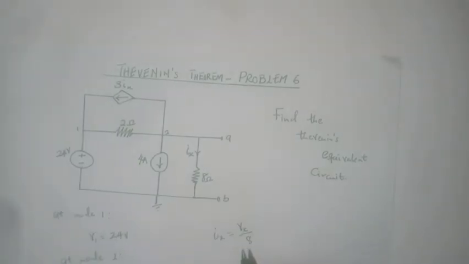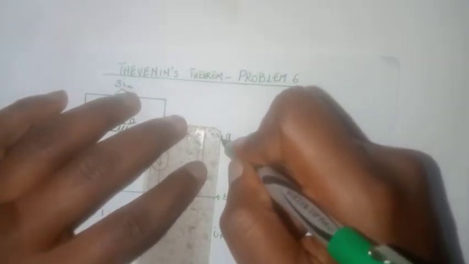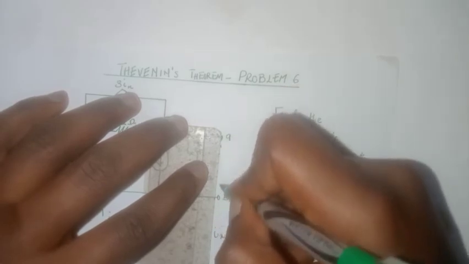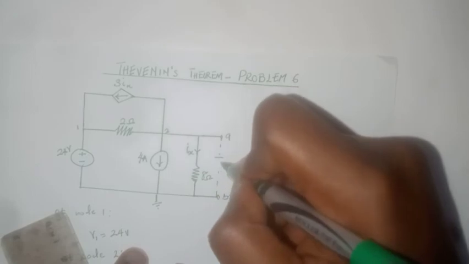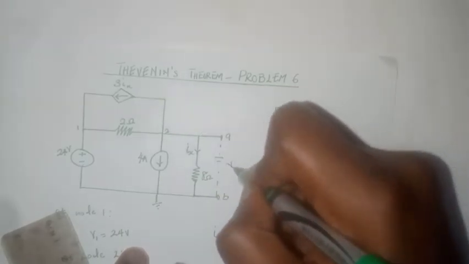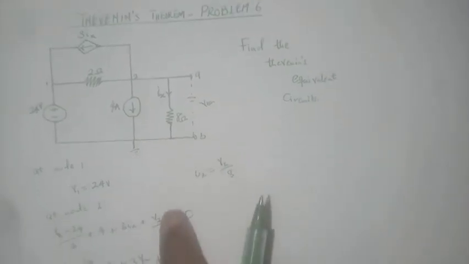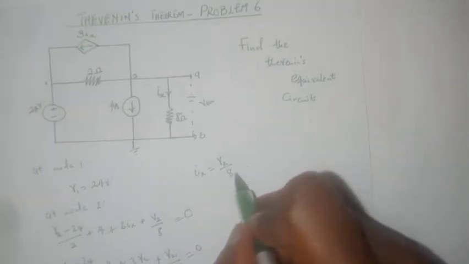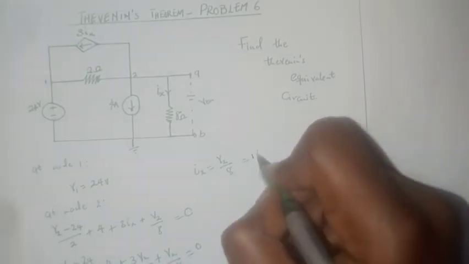The next thing we want to do is connect a virtual power source here, and that will be your VTH. If that is your VTH, we know that Ix is equal to 1 ampere. That is 8 divided by 8.